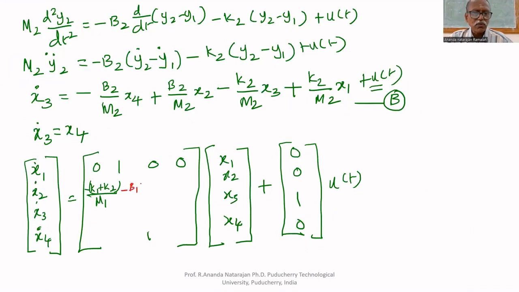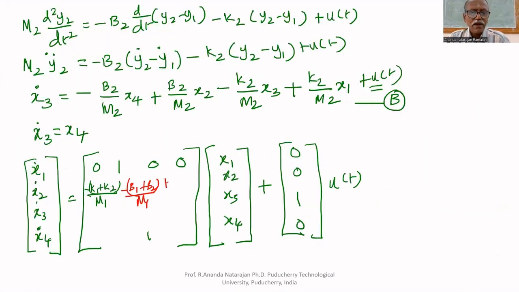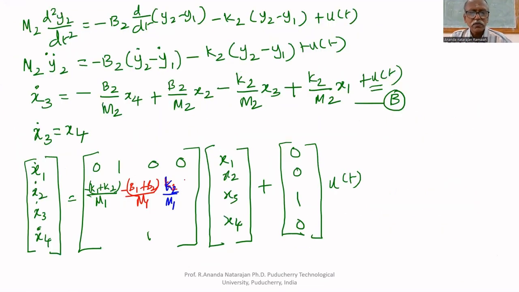Third element, k2 divided by m1. The fourth element is b2 divided by m1. Here x3 dot equal to x4. This is 1. All others are 0.